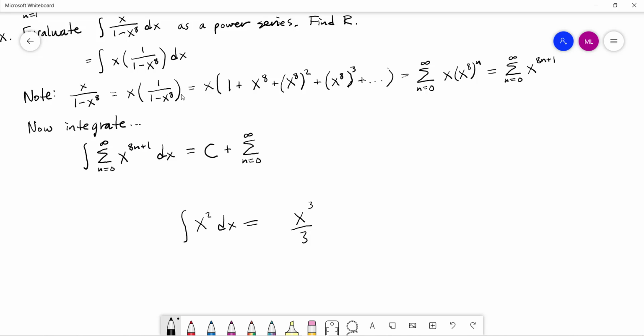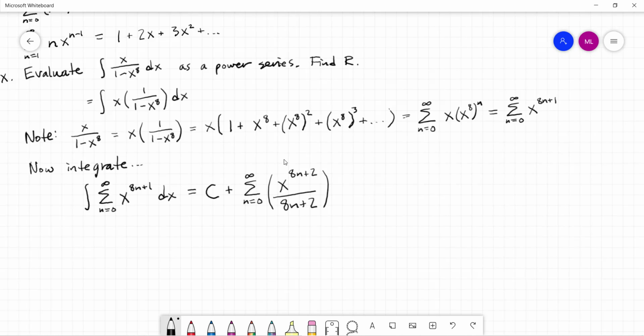It's going to become x to the 8n plus 2, but then I need to divide by 8n plus 2. That's just our power rule for integration. Just put it in parentheses there. So that is what the integral of the original function looks like, written as a power series.